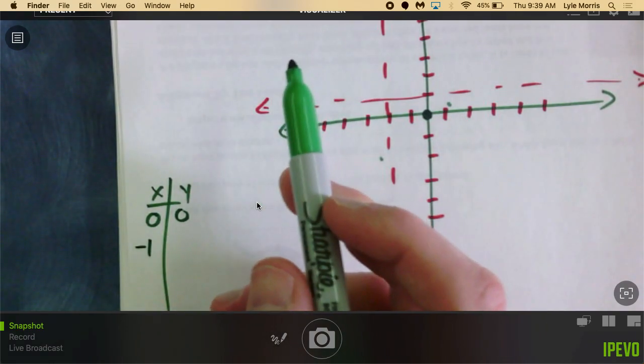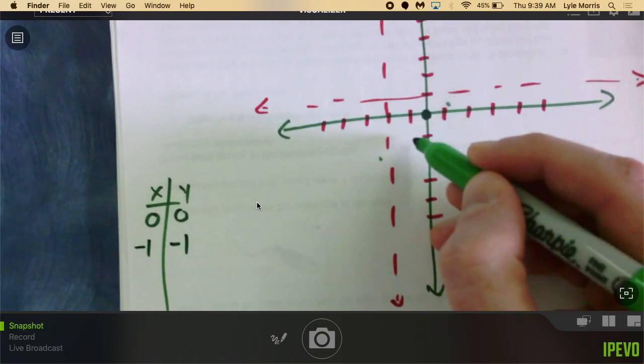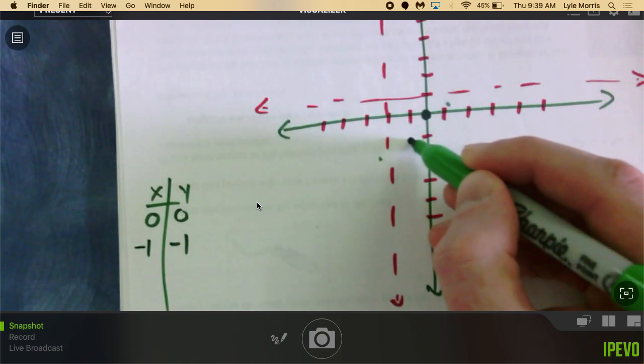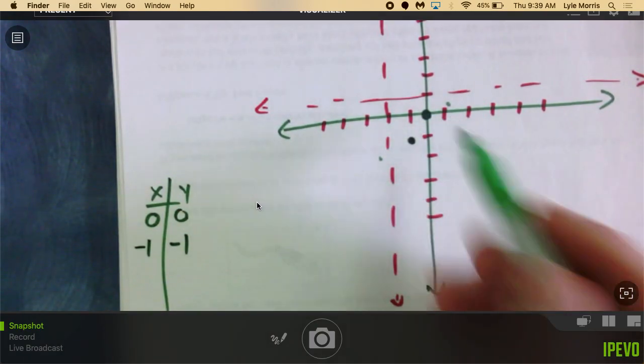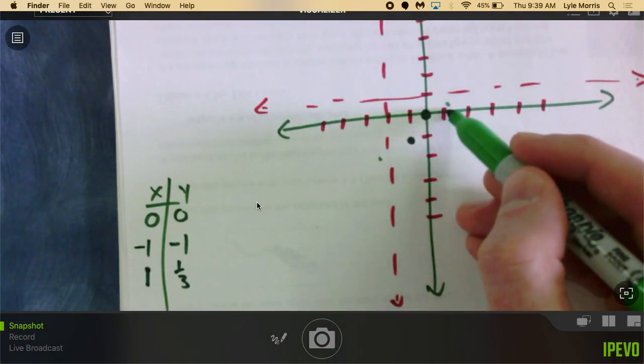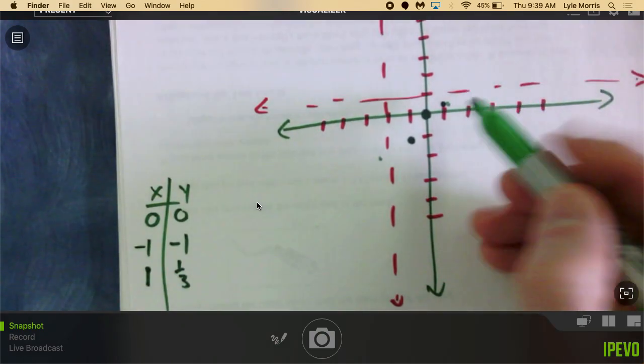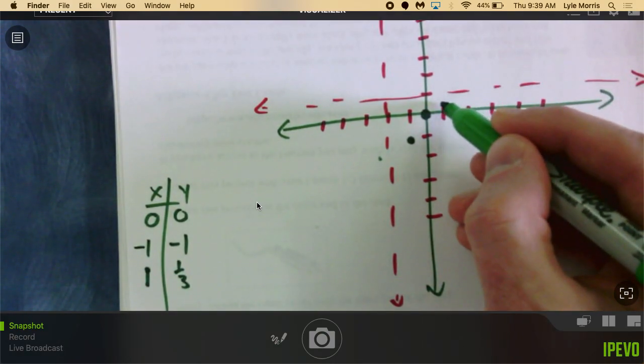When x is -1, it's going to be -1 over 1, which is -1. If we want to do one more, when x is +1, it's 1 over 3, about there. All 3 dots are different sizes.